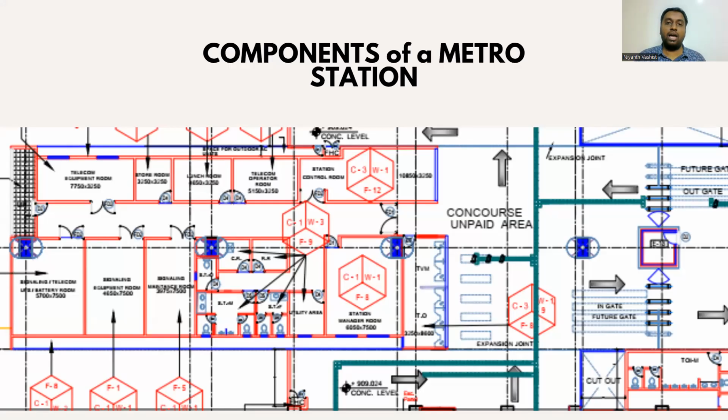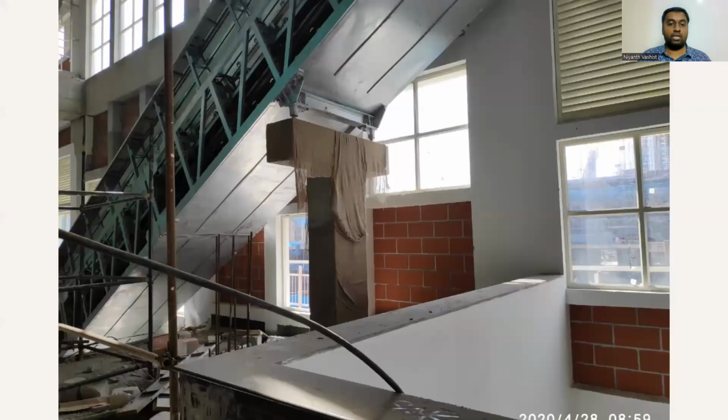The purpose of this was to make sure it absorbs all the vibration and doesn't send the vibration to the slab itself. So this is a very special treatment given to those components where you have a lot of vibration loads and a lot of seismic loads as well acting on the structure. So these are a couple of components of a metro station that we need to understand.